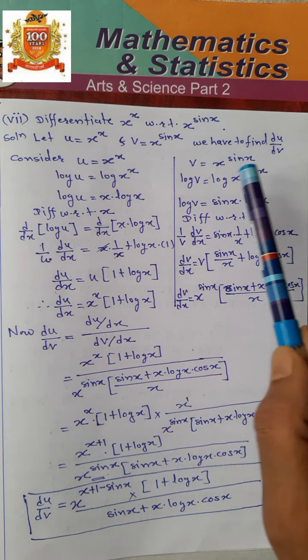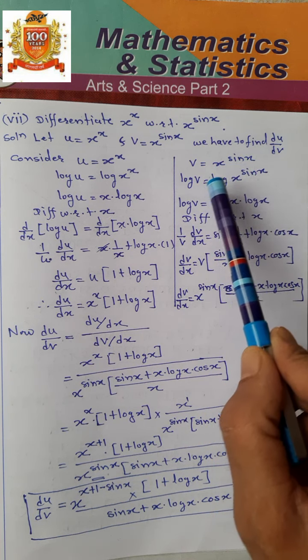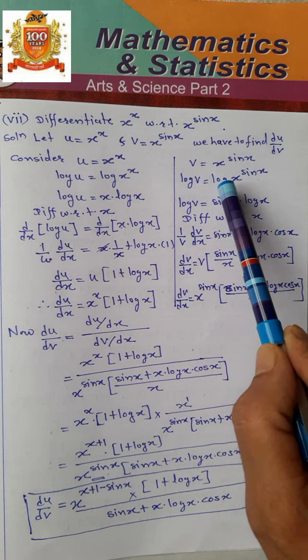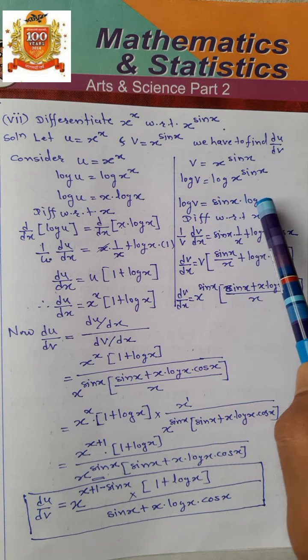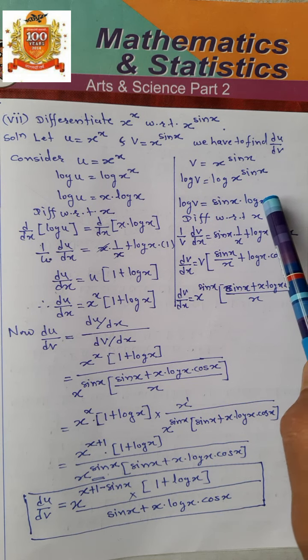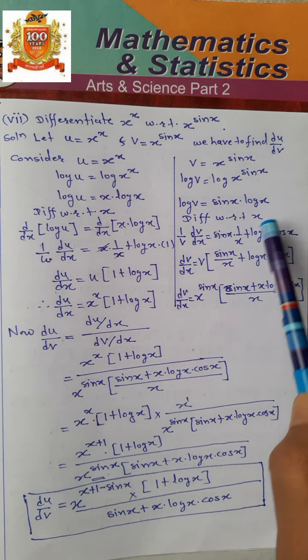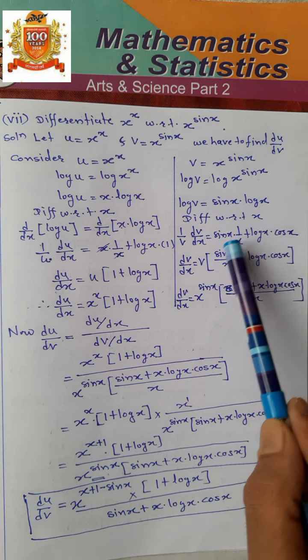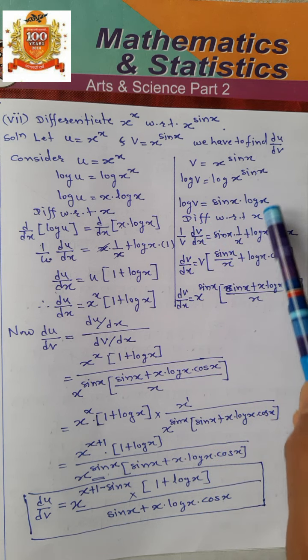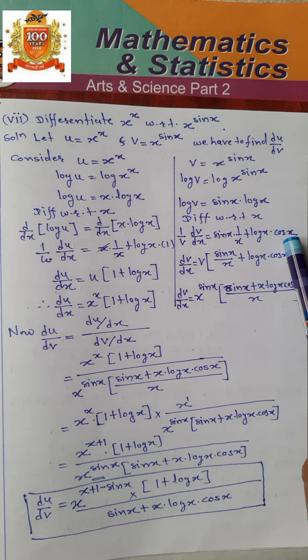Now come to the v. v is equal to x raised to power sin x. Taking log on both sides, we get log v is equal to log of x raised to power sin x. Therefore, log v is equal to sin x into log x. By using the laws of logarithm, we get this. Differentiate with respect to x. We get derivative of log v with respect to x is 1 upon v dv by dx is equal to, product rule, sin x as it is, derivative of log x is 1 upon x plus log x as it is, derivative of sin x is cos x.